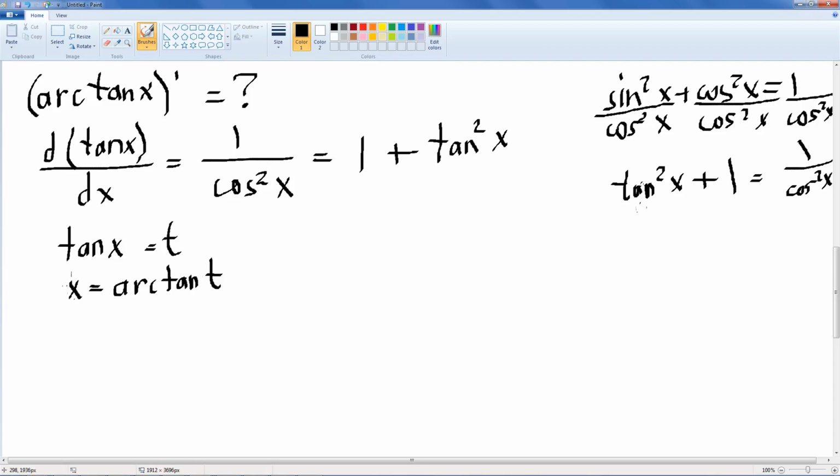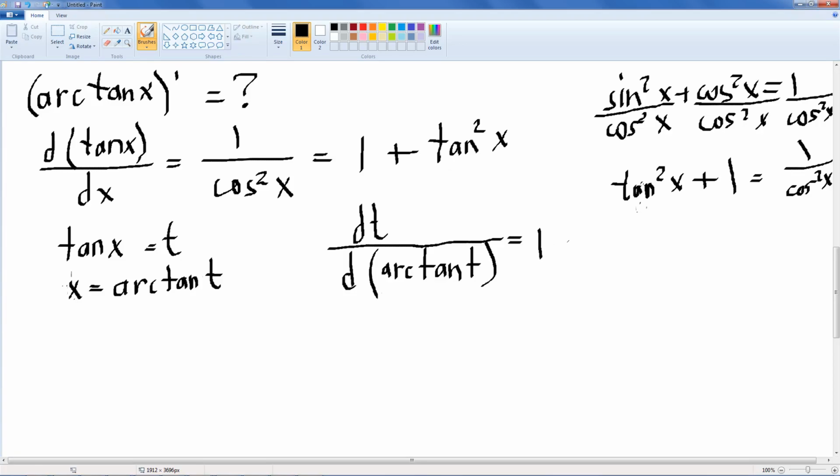So we have d of tangent x, and we're gonna rewrite that as d of t, just as before. Now at the bottom we have d of x, and d of x is actually d of arctangent t. Okay, and on the right hand side we got 1 plus tangent x squared.